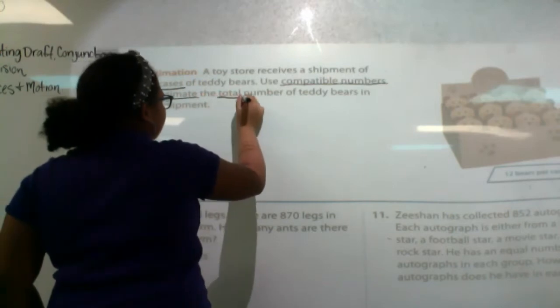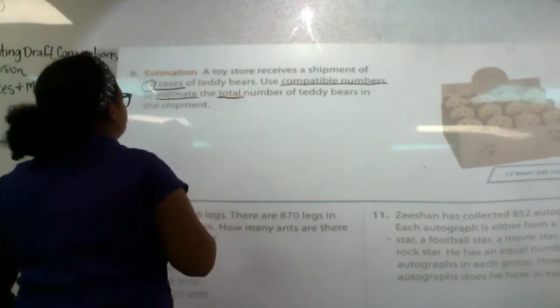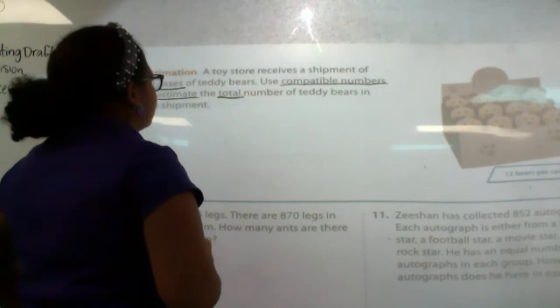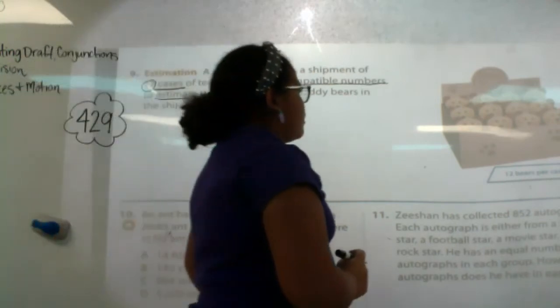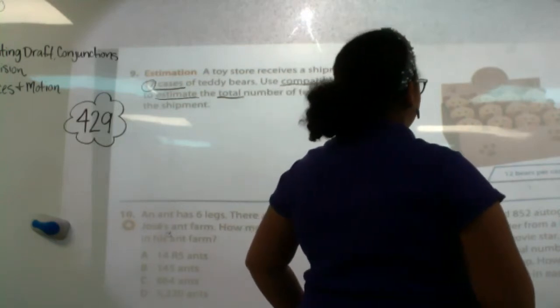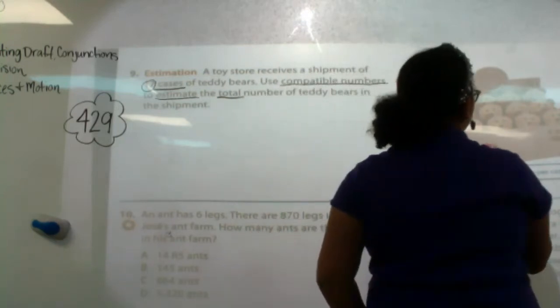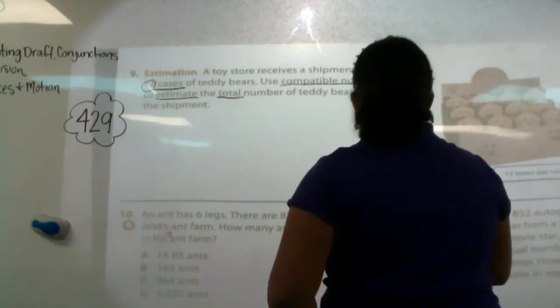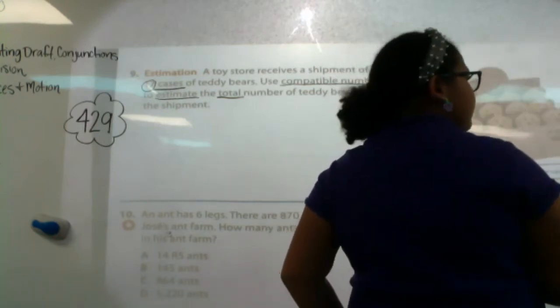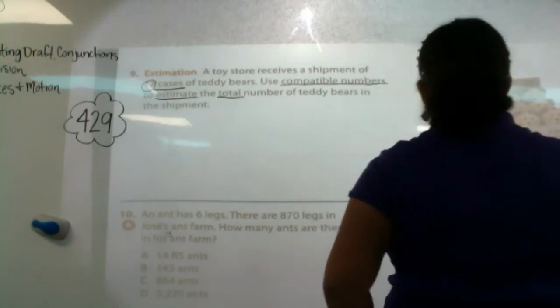Okay. So this is an estimation question. What are we doing here? Are we dividing? No, we're estimating. Well, you can estimate with division, but we're not dividing because we're looking for the total number. So what do we need to do, Jalen?